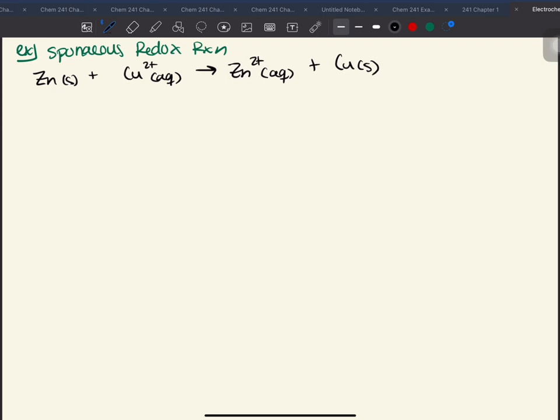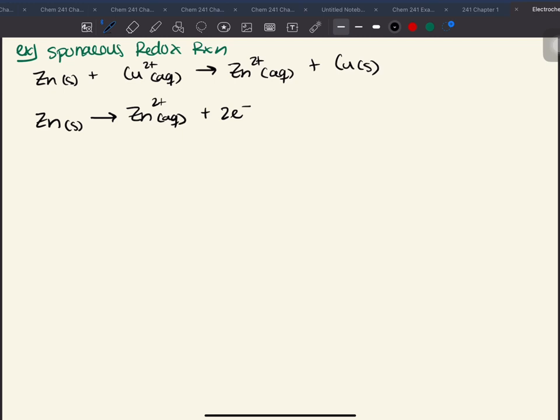If we look at this reaction, we can break it up into two half reactions, the zinc side and the copper side. So zinc is going to zinc ion, and in order to do that, it will also produce 2 electrons.